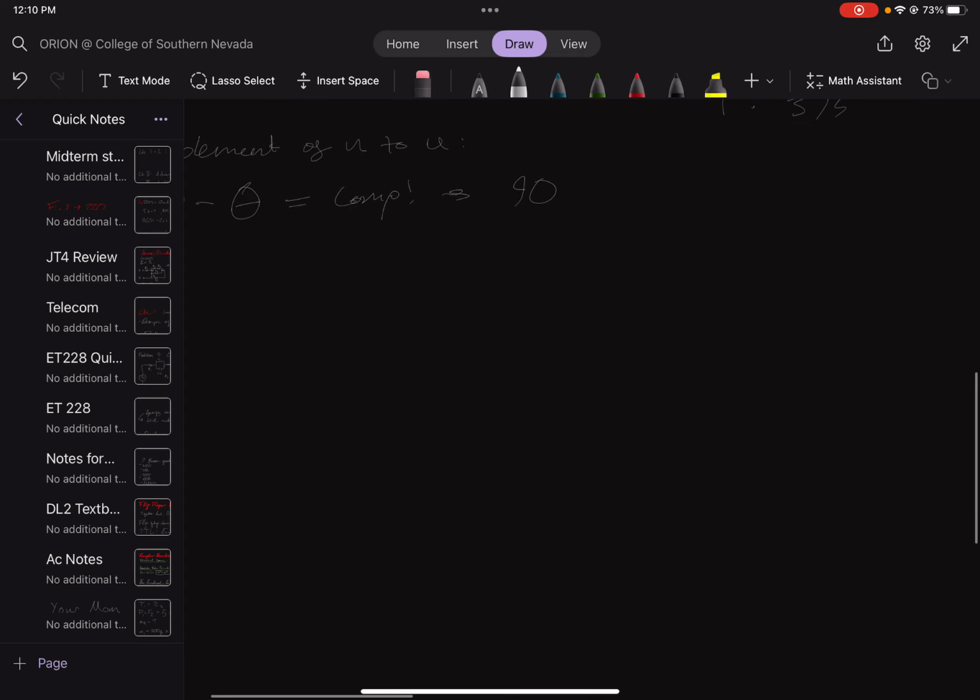So 90 minus 54.736 equals 35.264. So that is our final answer for the angle between the panel and the sun's ray.